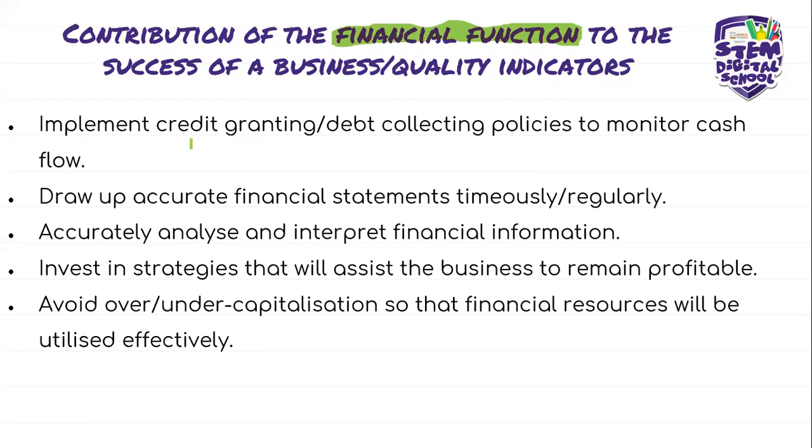You must implement credit granting or debt collection policies to monitor cash flow. So for your customers or your debtors, you must try to have a debt collection policy where, say, after 30 days a person who has bought goods on credit must pay me so much, right? Very important.